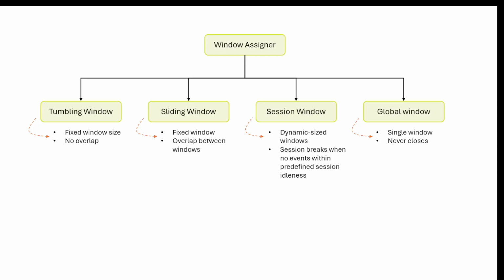For example, if you want to keep track of how many events are coming, you say select count star from your stream, and it will keep on emitting the counts as and when the numbers are coming. For example, the YouTube subscriber count can be a global window, because we are not interested in how many subscribers you gained in the last 5 minutes, but in how many total subscribers you have, and we have a requirement of doing it live. So that's where the global window comes into the picture.